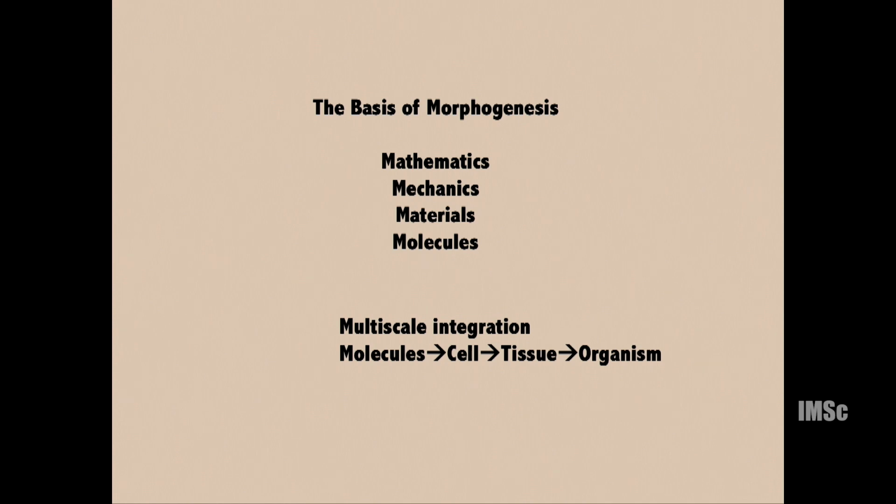So these are four things that people have been thinking about. The other thing that people have also been thinking about is how you sort of integrate information from molecules, which Shashi again spoke a lot about, to shape or change the form of cells, and how do cells cooperate to build tissues, how tissues organize to build a body plan.